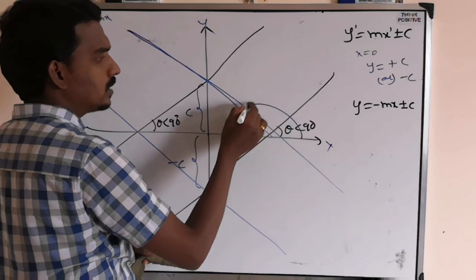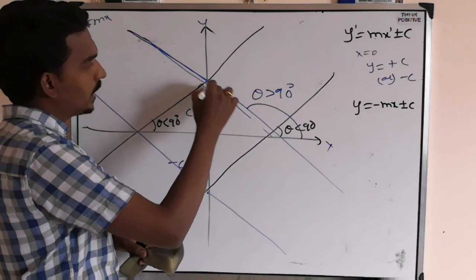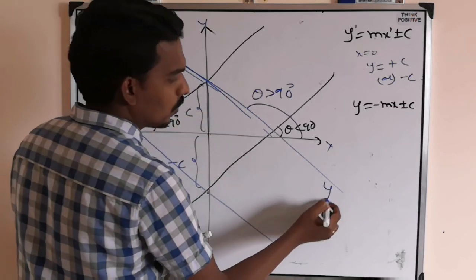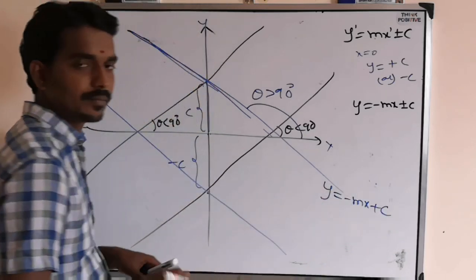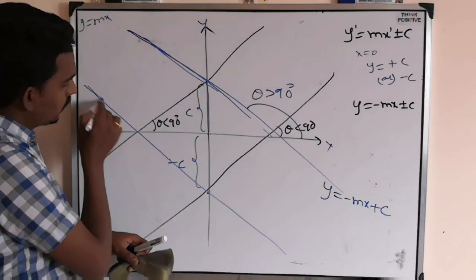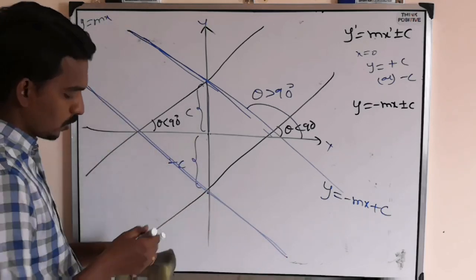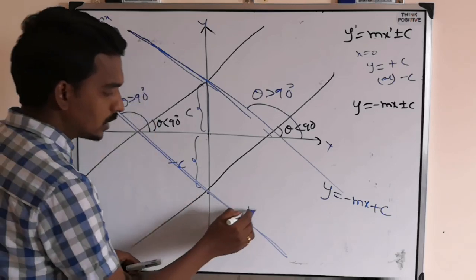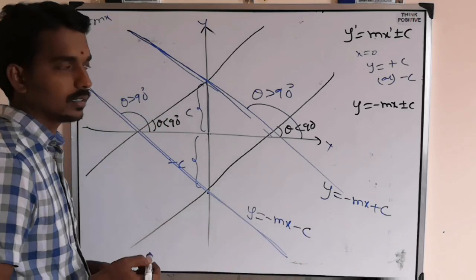Now the angle is greater than 90 and intercept is positive. So this will become y equal to minus mx plus c. But this one like this: negative intercept and negative slope because this angle is greater than 90. So this will become y equal to minus mx minus c.